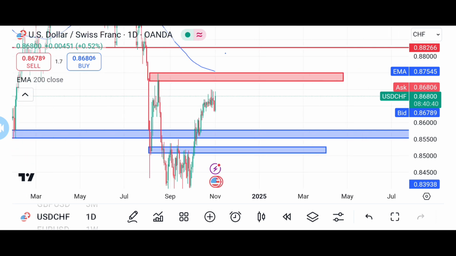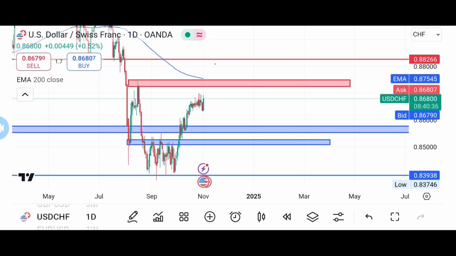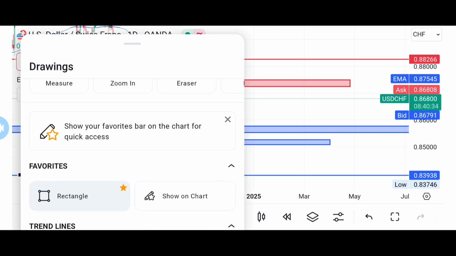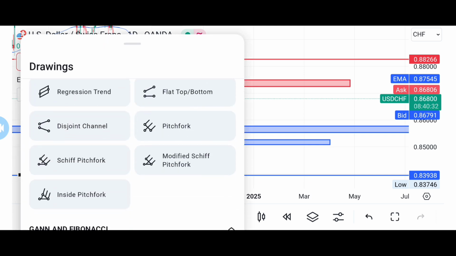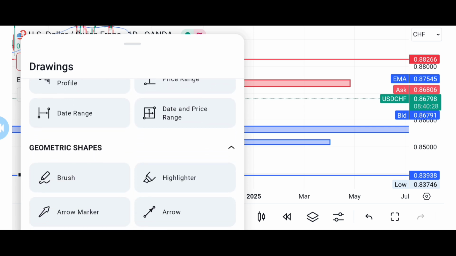So what do you see? One of the scenarios, I will show you the first scenario that I see.